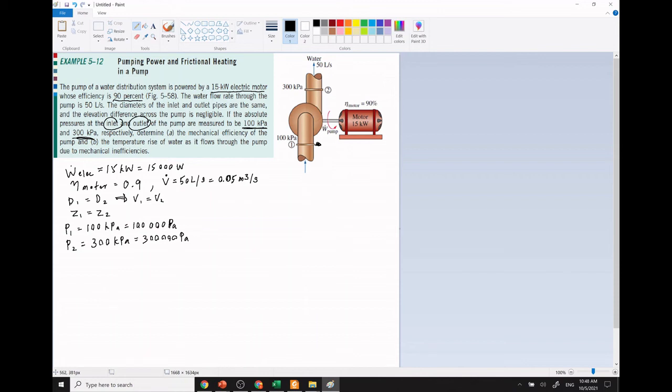And you are asked to find A, the mechanical efficiency of the pump.